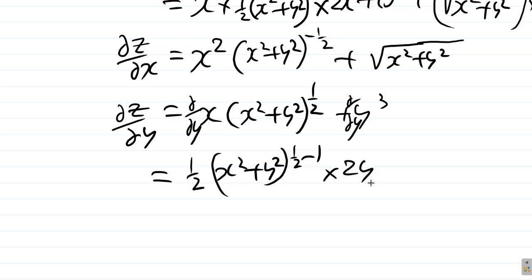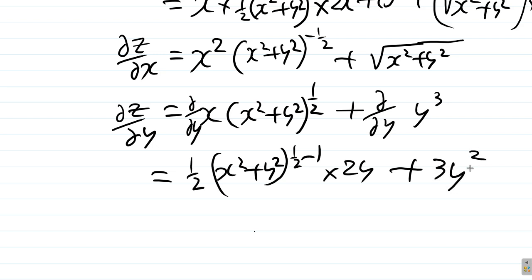So it's 2y, alright? Plus, when you differentiate y cubed, I didn't write this properly, let me rewrite this. It's the partial derivative with respect to y of y cubed. So it's 3y to the power of 2 that you get here, right?